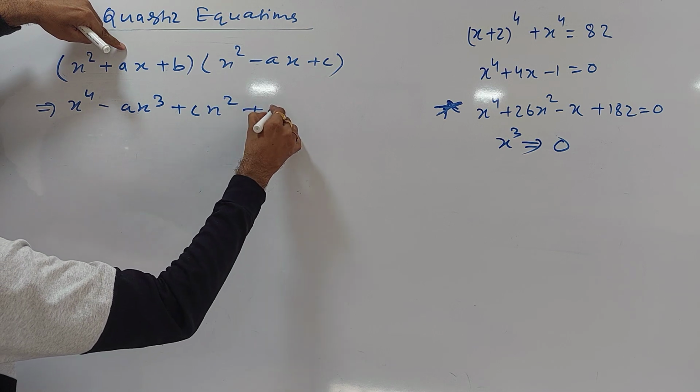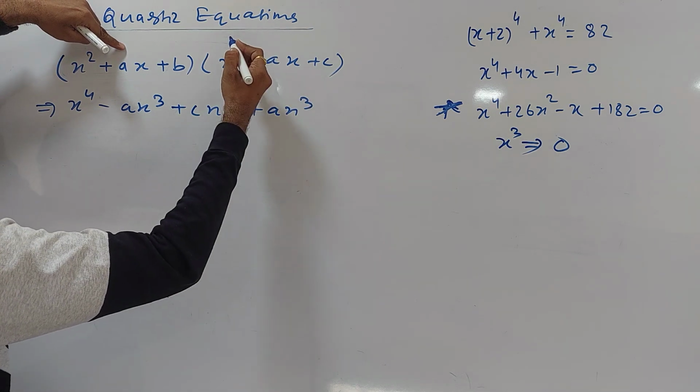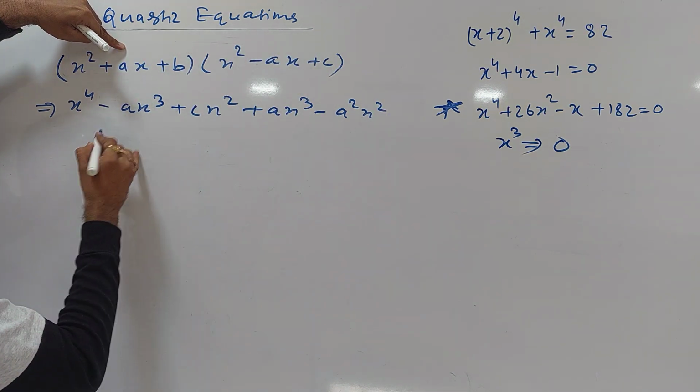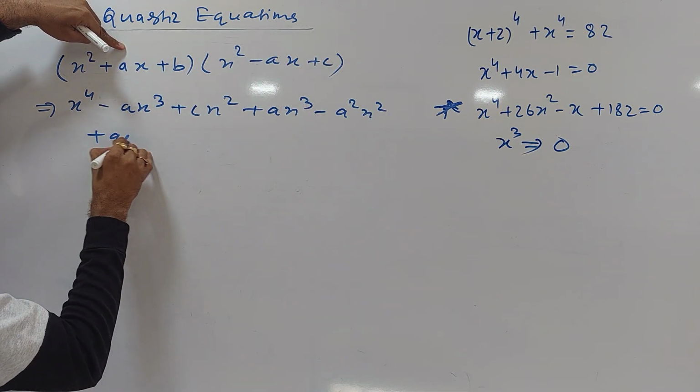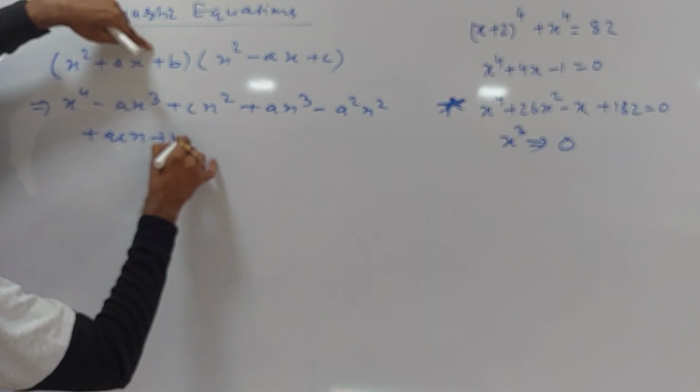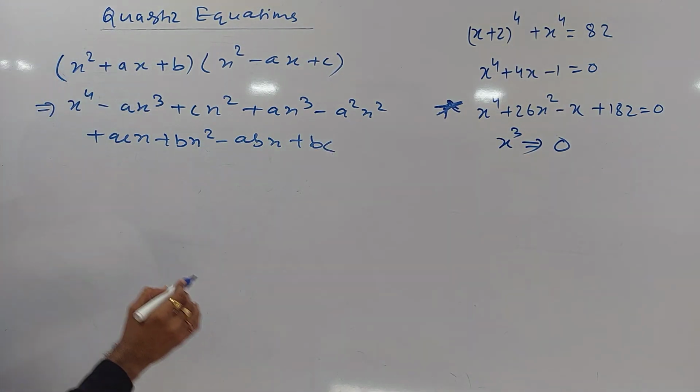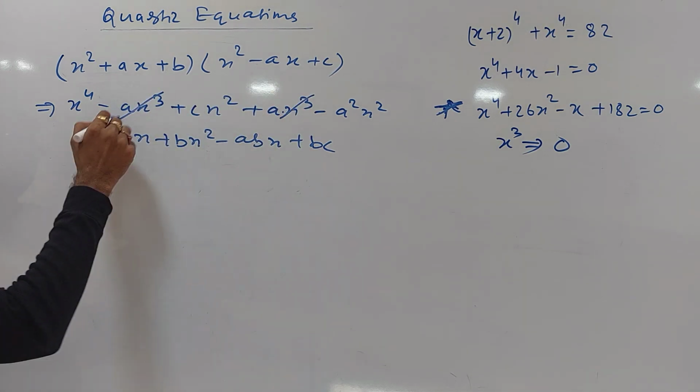Now plus ax cube, minus a square x square, then plus acx, plus bx square, minus abx, plus bc. Now see, I told you in the beginning that you will not get an x cube term.